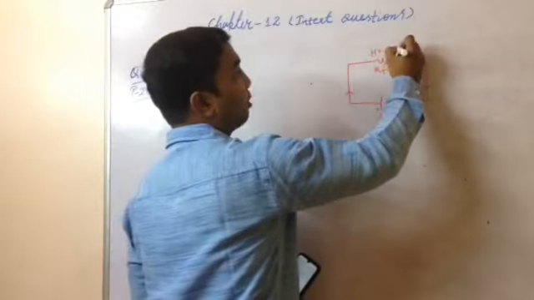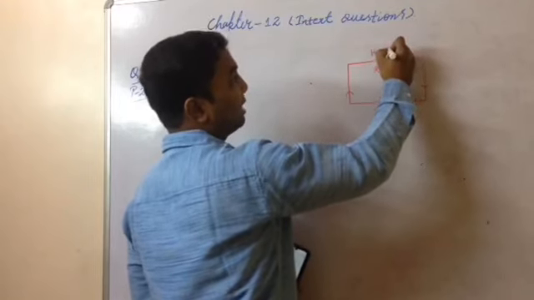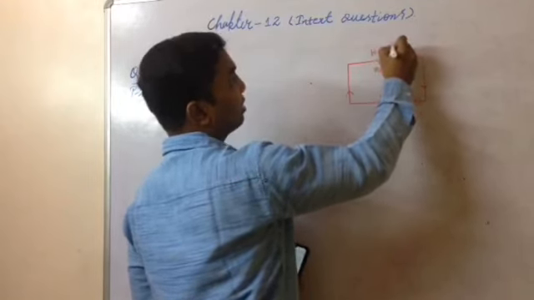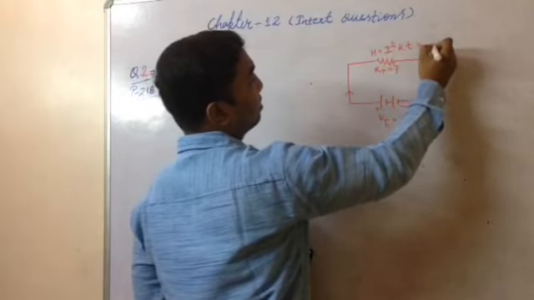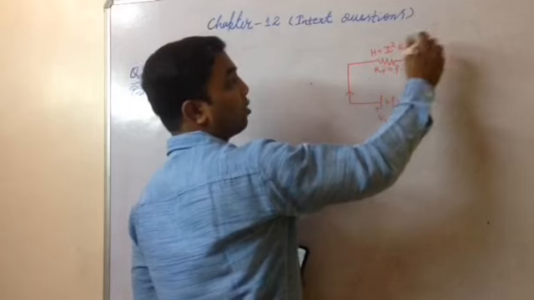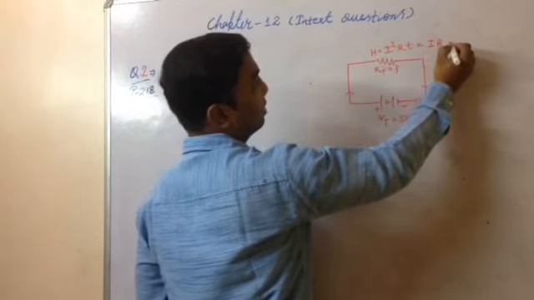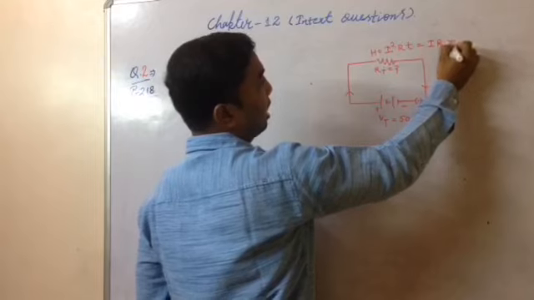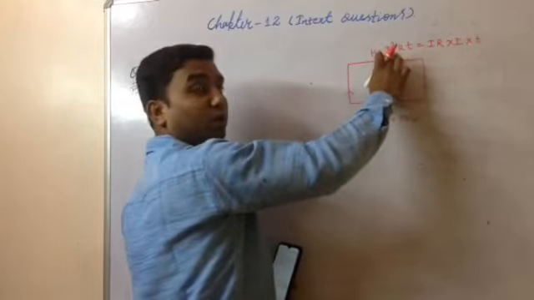We know the formula of heat that we have studied in the heating effect of current, I square RT. We have some more formulas of heat. Here what is written? I square RT. So we can also write this as IR into I into T.